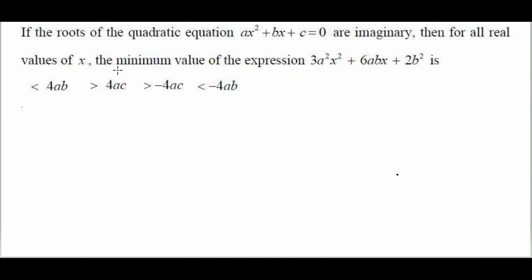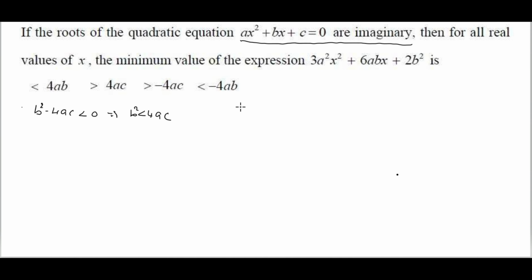Here the given quadratic equation is ax square plus bx plus c is equal to 0. Roots are imaginary. Imaginary means b square minus 4ac less than 0. That means b square less than 4ac.